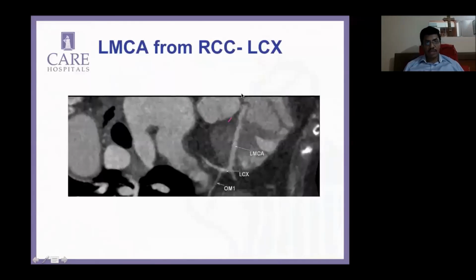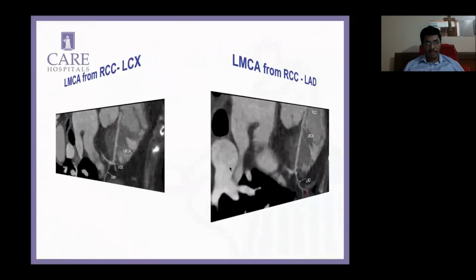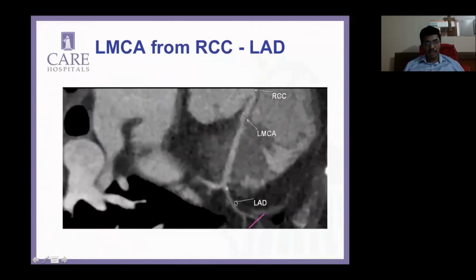And here you can clearly see between the pulmonary and aorta, the left main coming out, long left main dividing into the circ and OM1 here. And in the other picture, you can see the LAD. I think you guys saw that with a mild, borderline ostial plaque there, and moving out. So this is clearly showing the origin from the right coronary sinus cusp and then coming out.